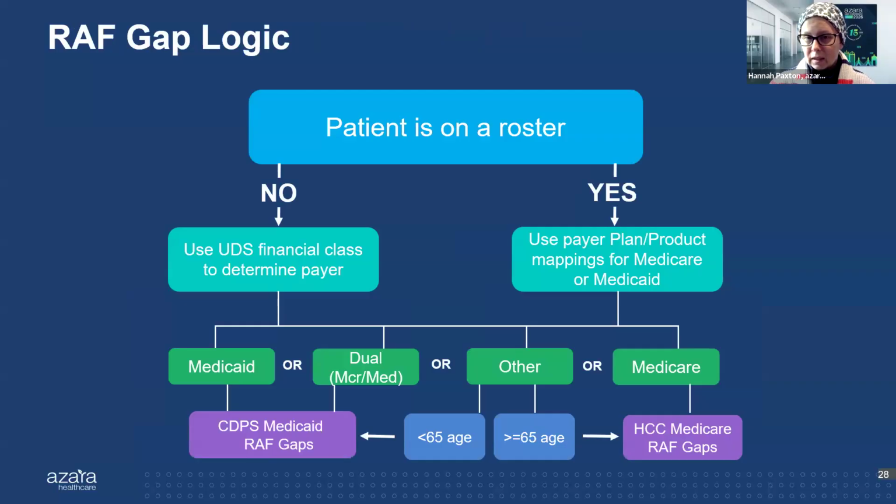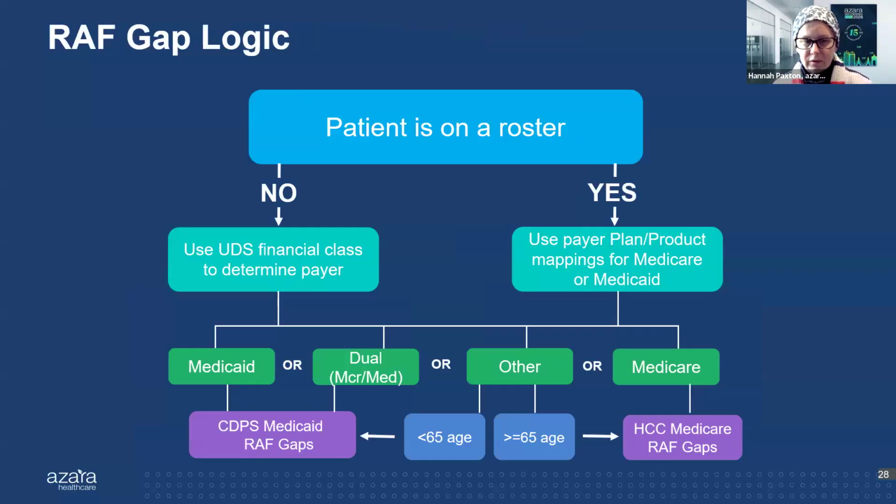Which one do we pick? So DRIVES will look, is a patient on a roster? If they are, then it's going to use the plan mapping if it's mapped to Medicare or Medicaid. If they are not on a roster, it will use the UDS financial class to determine which payer.